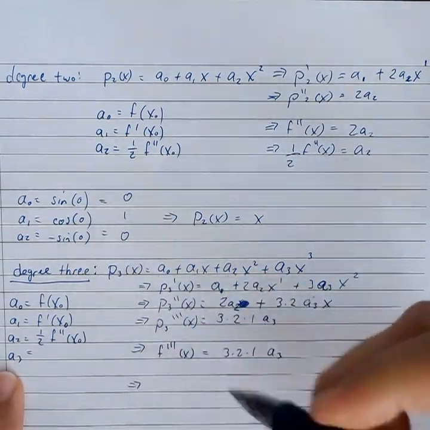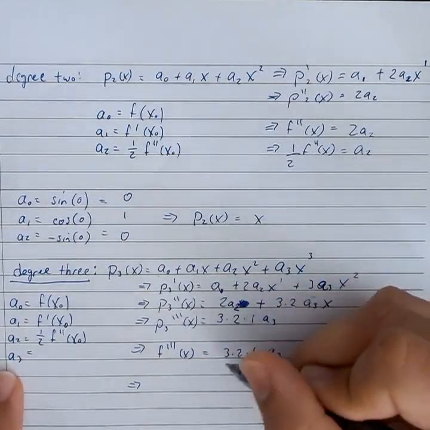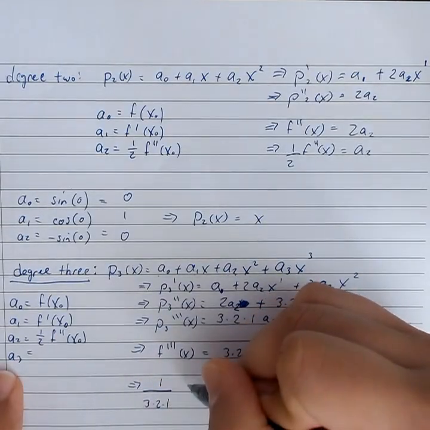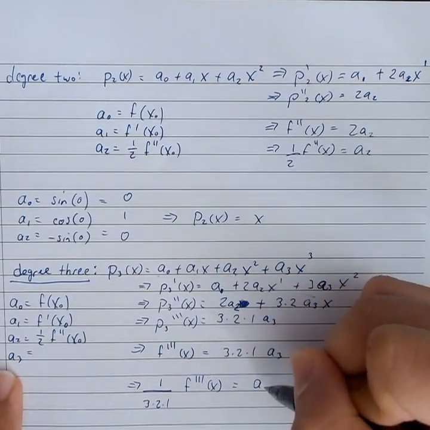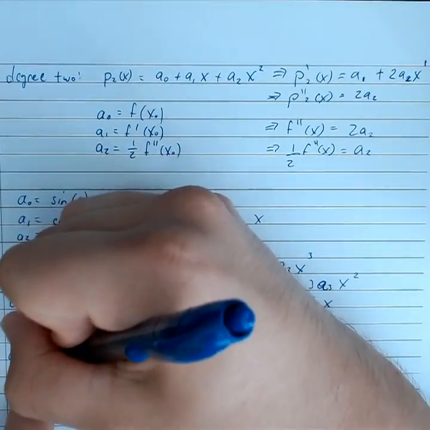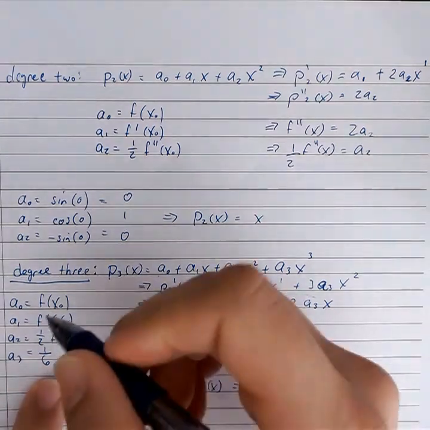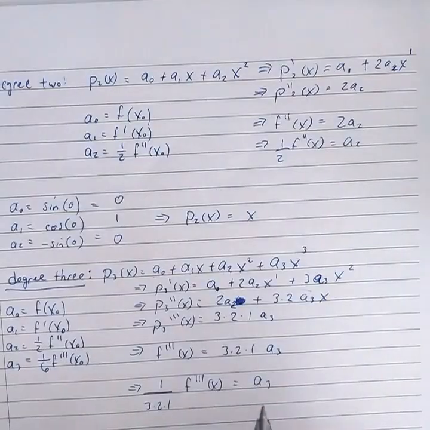Okay, so here that's going to be, divide both sides by this. So this will be 1 over 3 times 2 times 1, f triple prime of x naught. That's equal to a sub 3. Okay, so that's going to be 1 over 6 right here. 3 times 2 times 1 is 6, f triple prime of x naught.